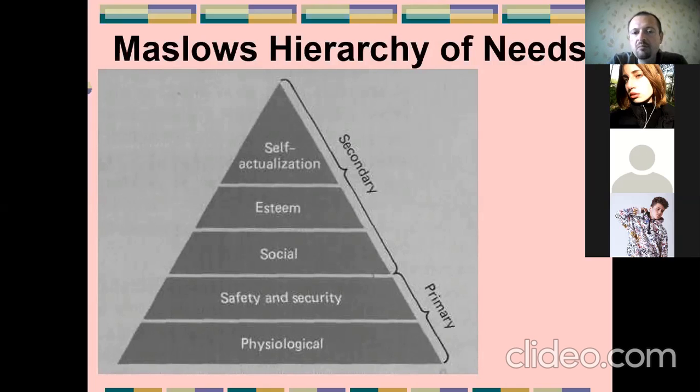And the main idea of Abraham Maslow was that if a person didn't satisfy primary needs, it's not possible for a manager to motivate the person with secondary needs.